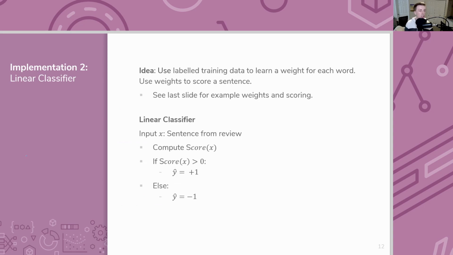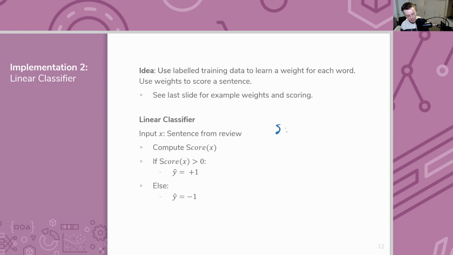And if you set up your scores just right, what you might do is say, a score that's positive, let's associate with a positive label. And if the score is negative, associate that with a negative label. So we learn our weights so that 0 is neutral, positive numbers are positive, and negative numbers are negative.